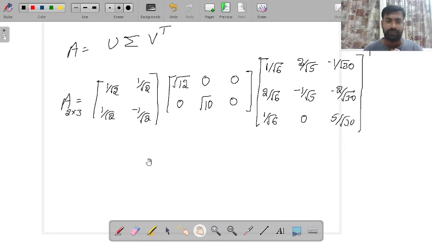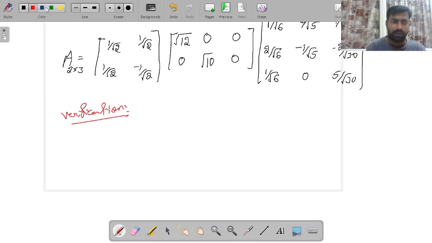You can verify that. And suppose you are asked to verify the singular value decomposition, so let's do the verification part. It means when you multiply these three, you should get back A. Let me see whether I'm getting back A or not. First I'll multiply these two.